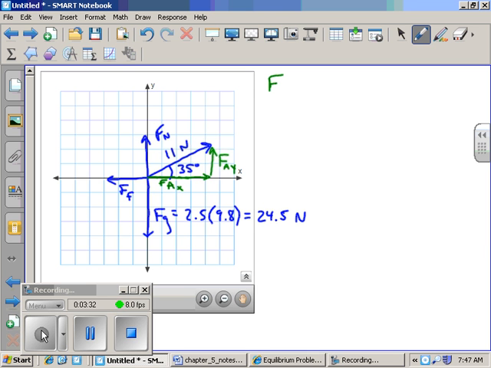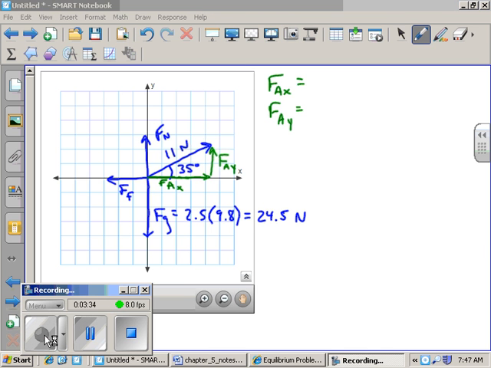Go ahead and calculate those now. Okay, I calculated the x component is 9 newtons, and the y component of the applied force is 6.3 newtons.